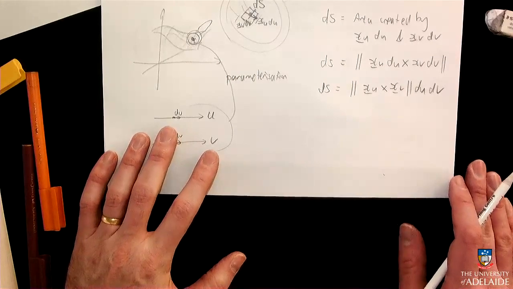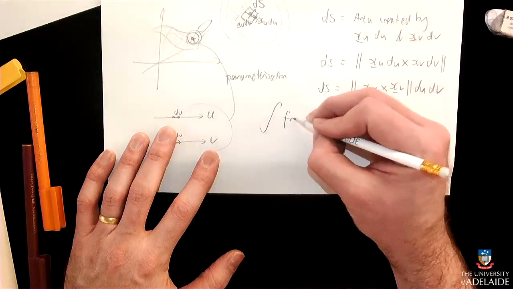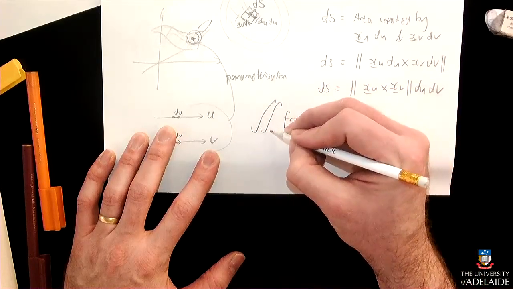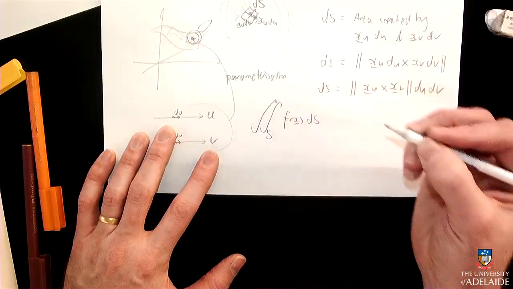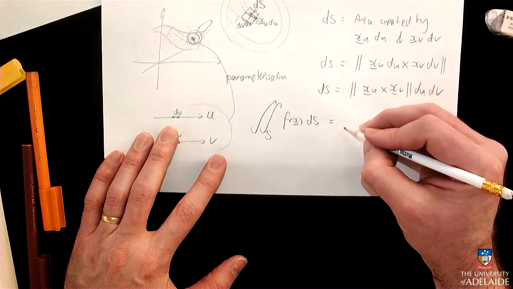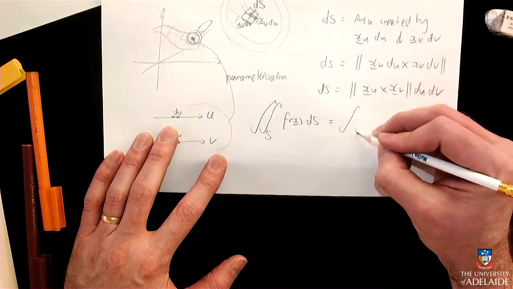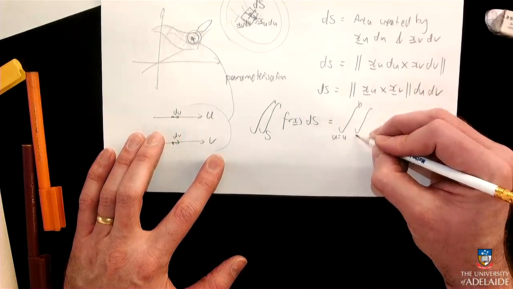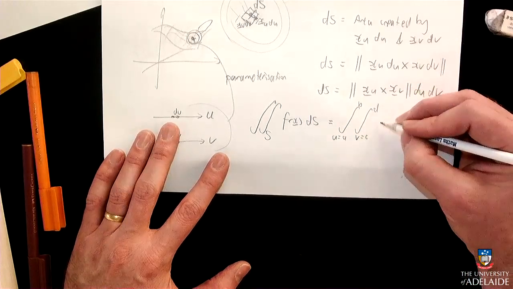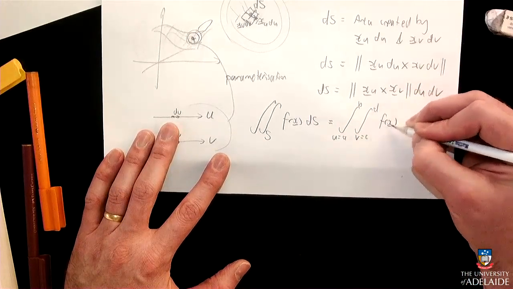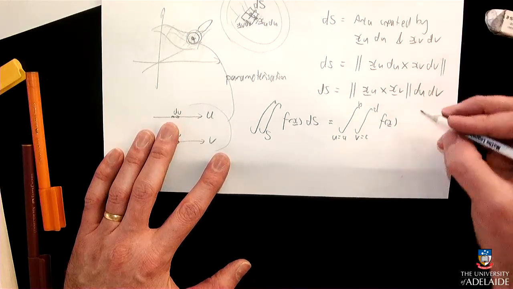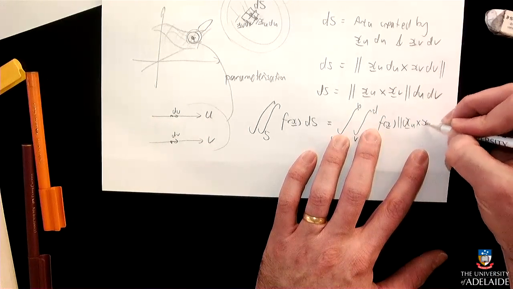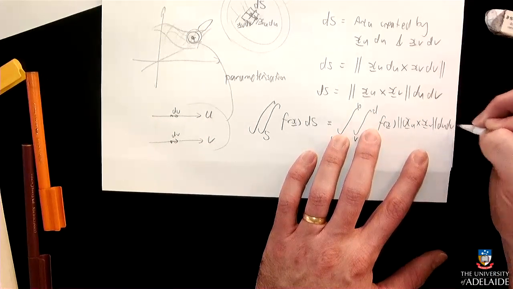Cool. And so therefore, the integral of f(x) dS across the surface is the same as the integral as u goes from wherever it goes to and v goes from wherever it goes to of f(x), which is a function of u and v, times the length of x_u cross x_v du dv.